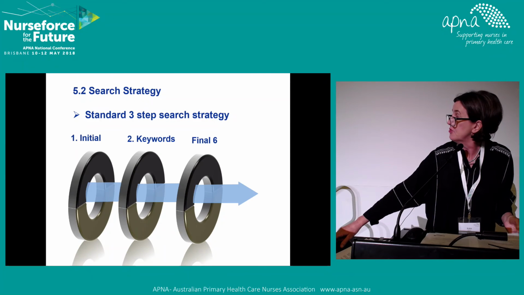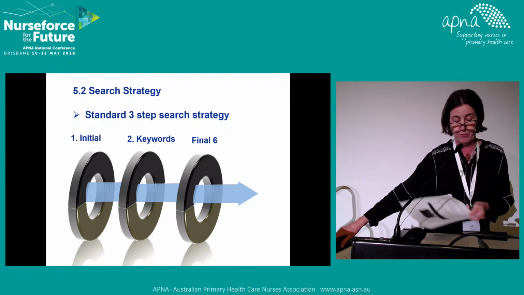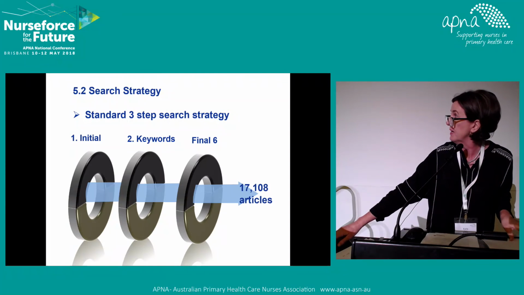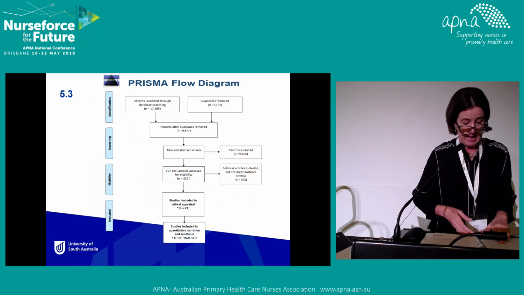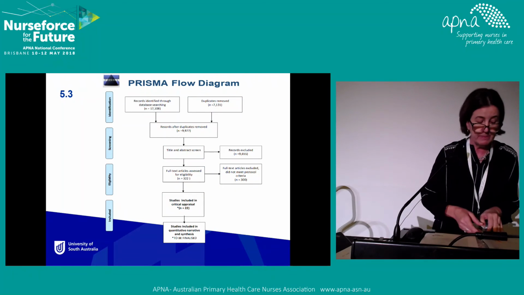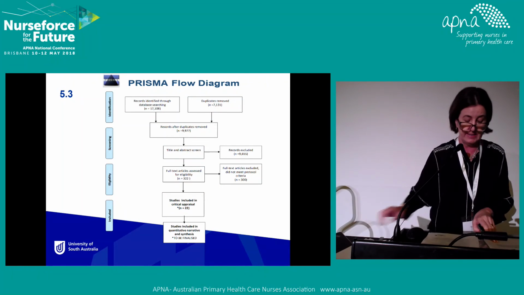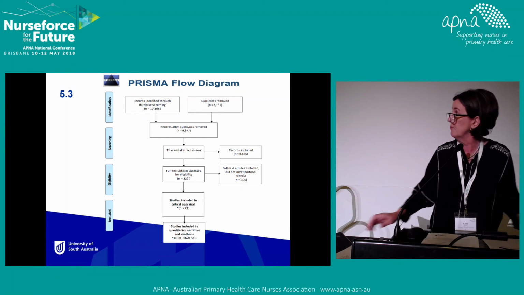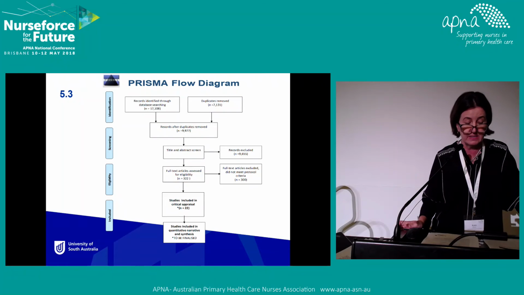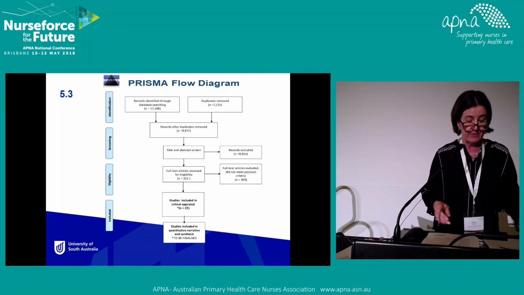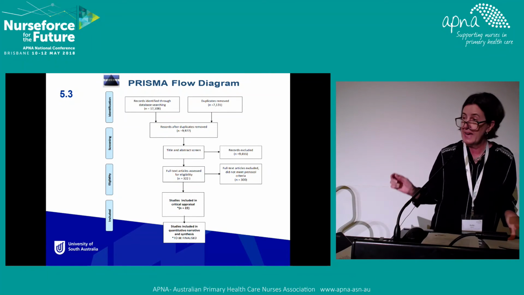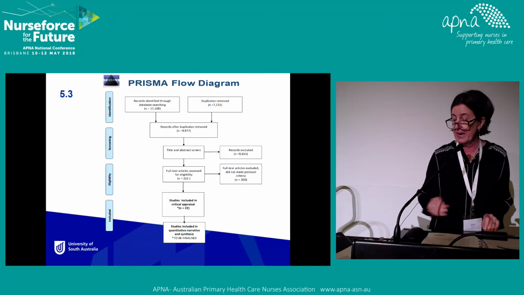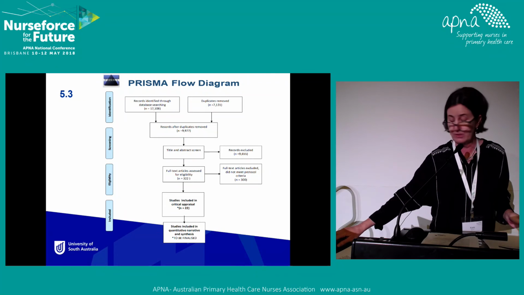The search strategy for the systematic review will be a standard 3-step search strategy, and the PRISMA diagram summarises the search and what I found. Originally there were 17,000 articles identified from 6 different databases, and I've drilled that down to about 22 at the moment, but I haven't done the final critical appraisal just yet.